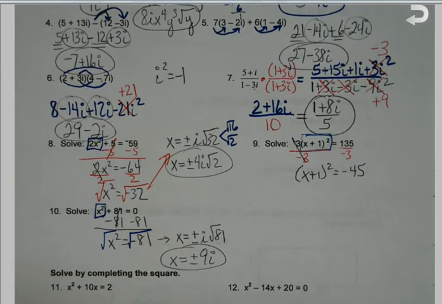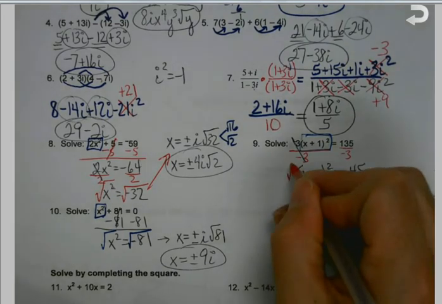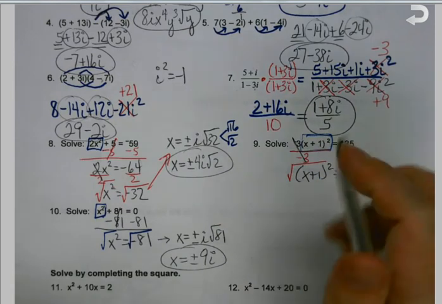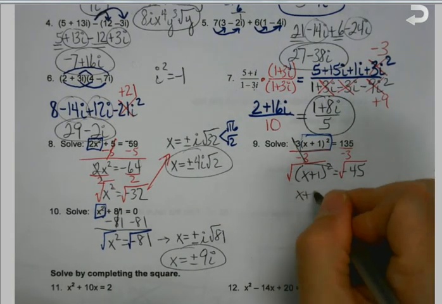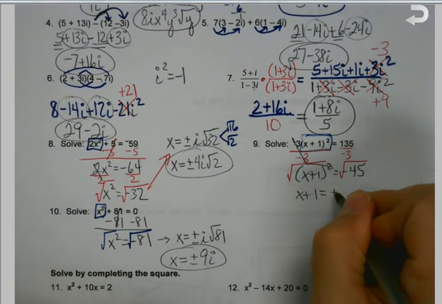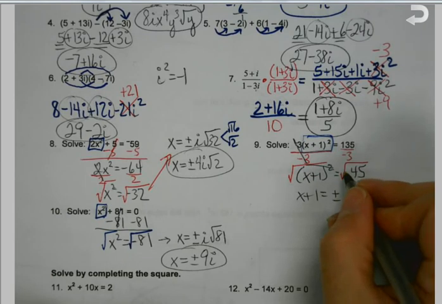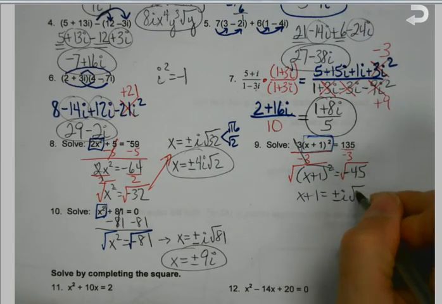Now, again, I don't want to FOIL this. I don't want to distribute the squared. I want to get that squared out of there. So square root it. Plus or minus, because it's a quadratic. i, because of the negative.